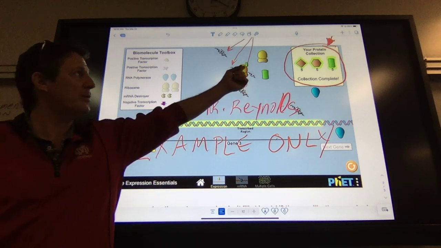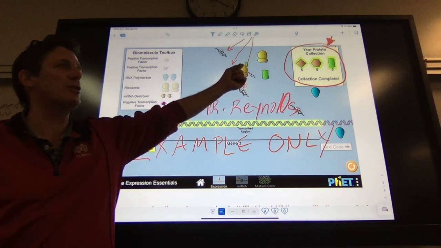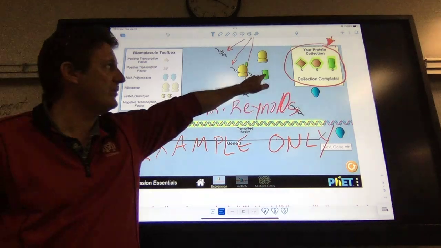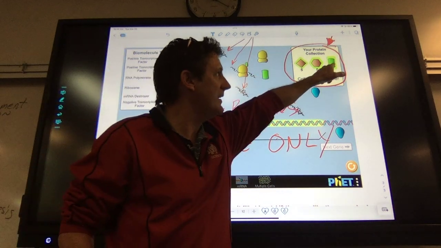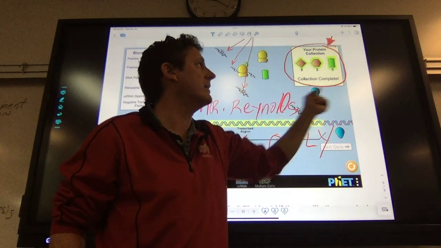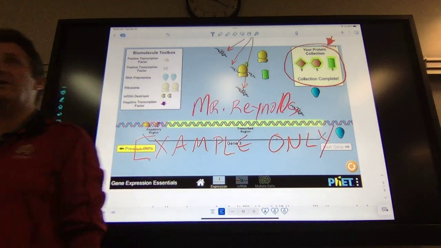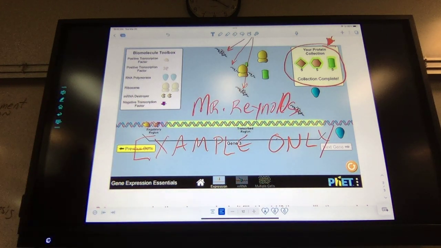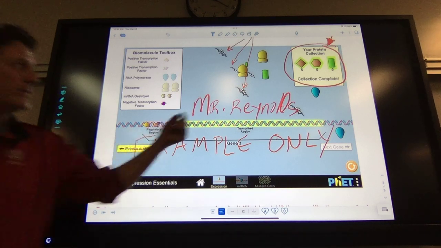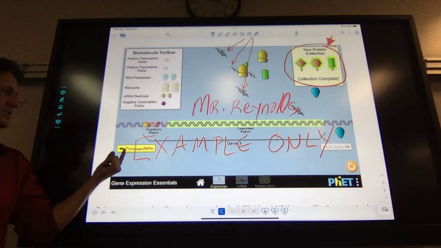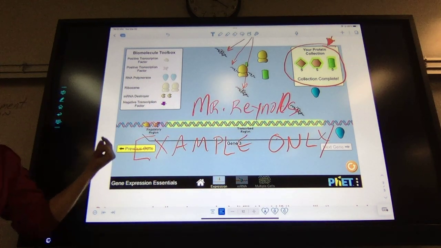Translation is going to make the protein pop right out of the ribosome, as we know it does. And now you're going to grab that protein and drag it into the scorecard right here. You start with 0 in these 3 proteins, and you have to get them to at least 5. It doesn't take long. Once you're done with this protein, these other 2 proteins are on the other screen. So you go to previous gene or next gene.